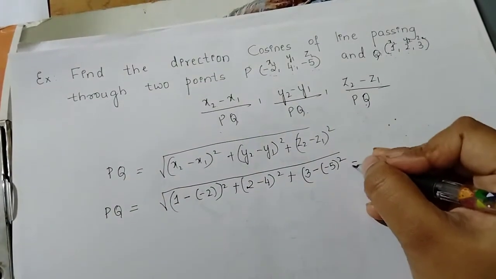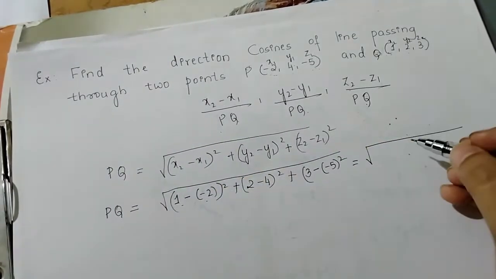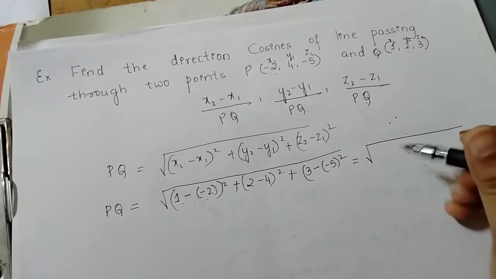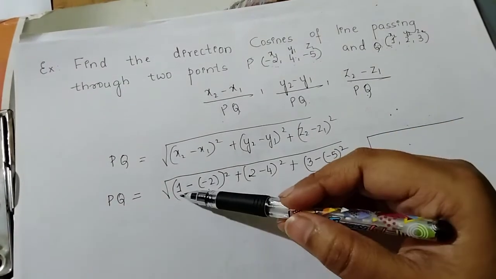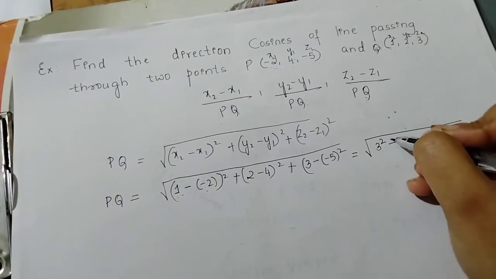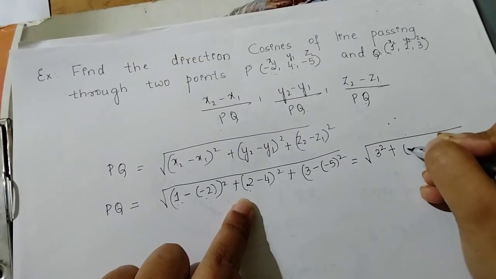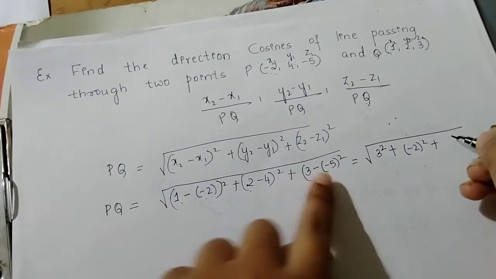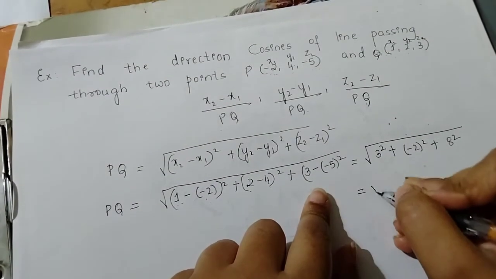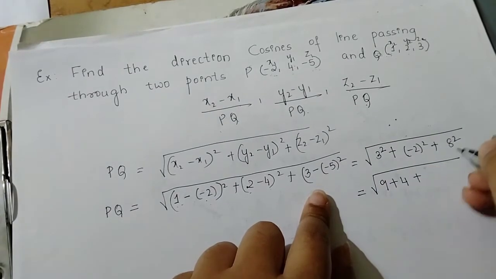This is equal to root of 1 minus into minus is plus, so 1 plus 2 square, so 1 plus 2 is 3, plus 2 minus 4 is minus 2, so minus 2 whole square, plus 3 plus 5 is 8. So this is equal to root of 9 plus 4 plus 64.